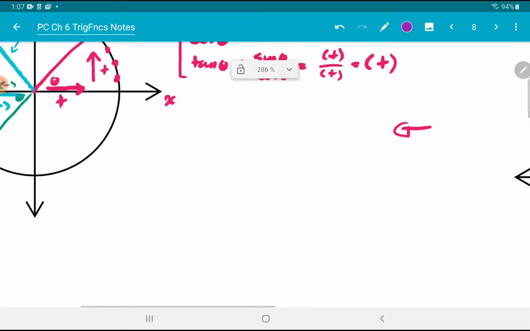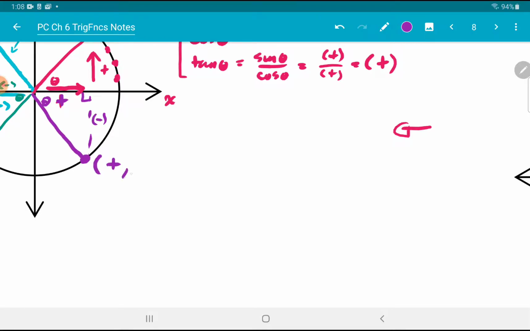So in quadrant 4, you can establish any given triangle here, and then this is your angle theta. With this right triangle, we classify this as the point, well, in order to get here, we need to go positive along the x and negative along the y. So this ordered pair will be positive for the x and negative for the y. In establishing our trig ratios, sine is going to be negative.